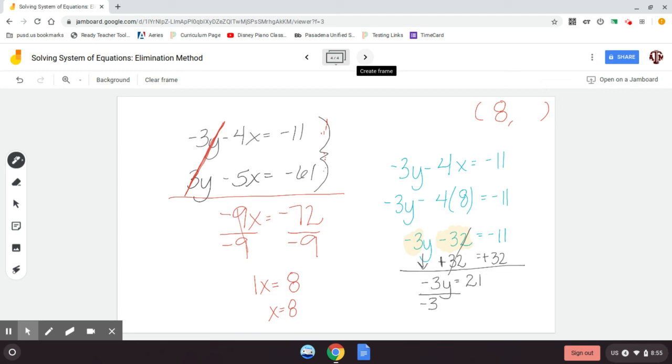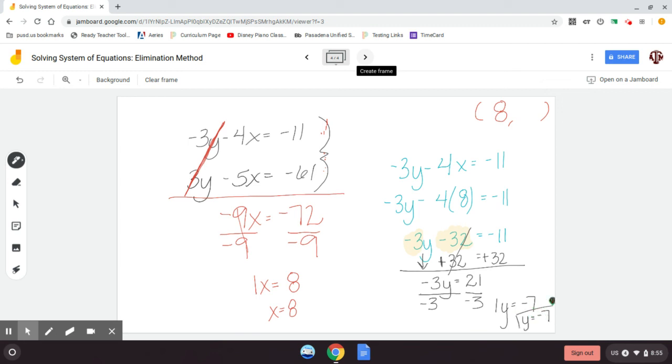So if I divide one side by a negative 3, I have to divide the other by a negative 3. Negative 3 divided by negative 3 is 1, so 1y. And 21 divided by a negative 3 is a negative 7. And we know that y equals negative 7.